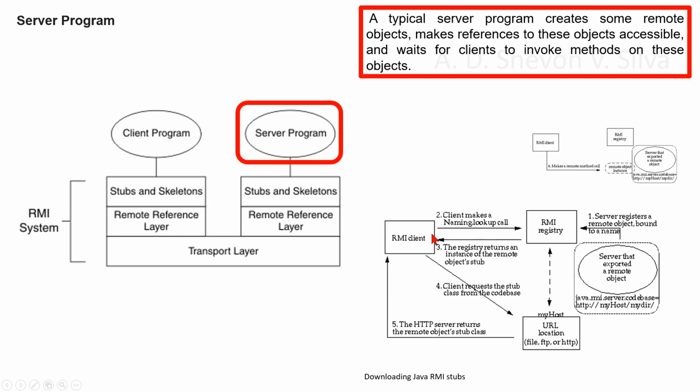Step 2, the Java RMI client requests a reference to a named remote object. The reference, the remote object stub instance, is what the client will use to make remote method calls to the remote object.